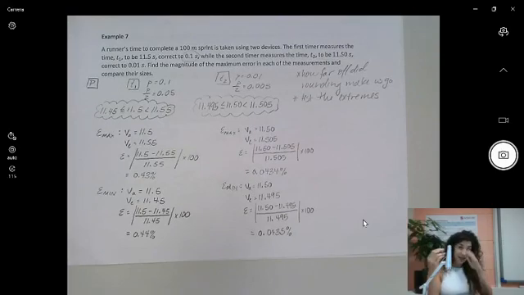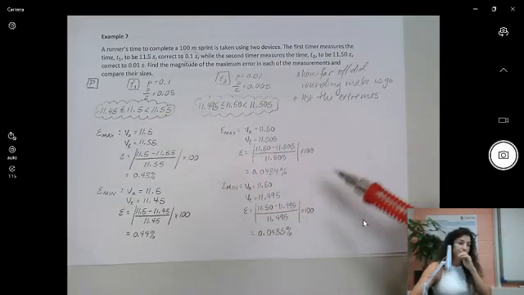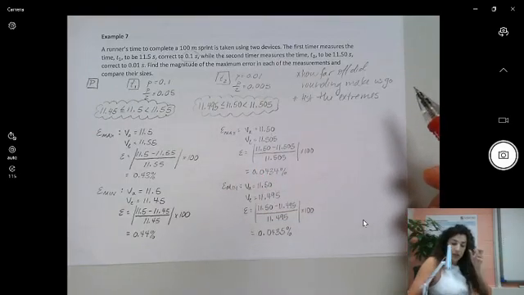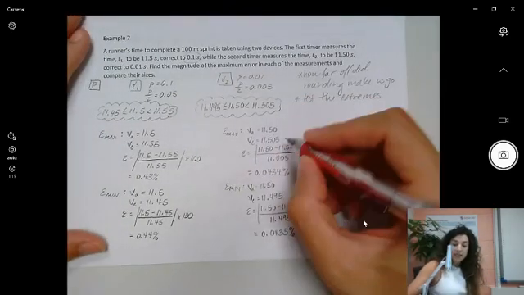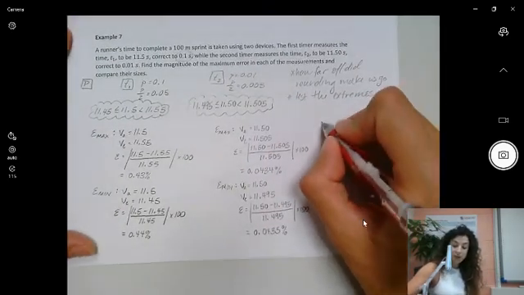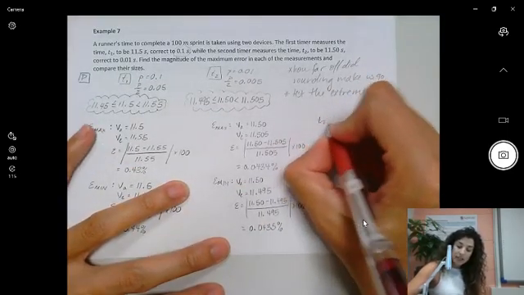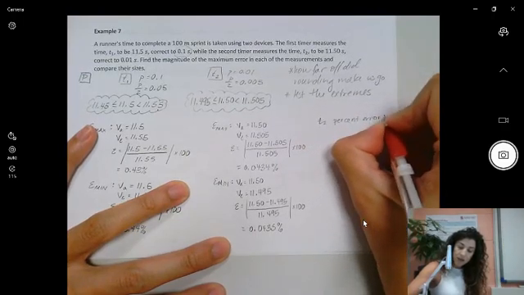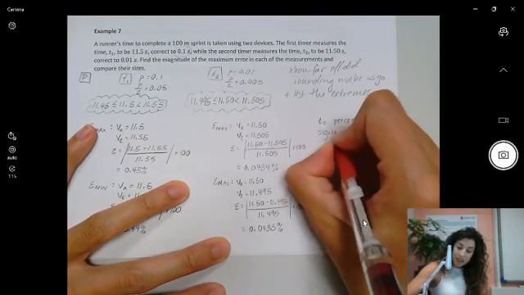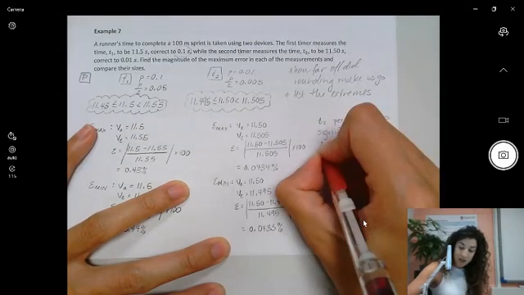The magnitude is the size, or in other words, the number of the maximum error that could occur with these bounds. And then it says to compare their sizes. Well, notice that with T2, the sizes are significantly smaller. So an answer here is T2 percent error is significantly smaller, which makes sense if you think about it.